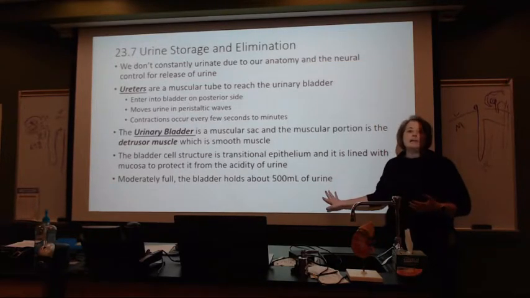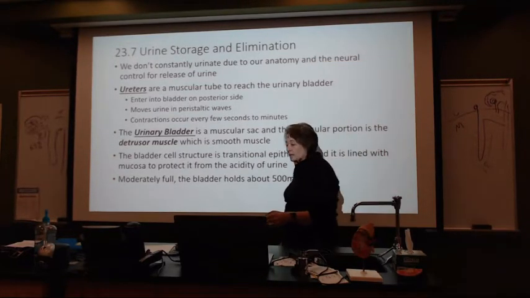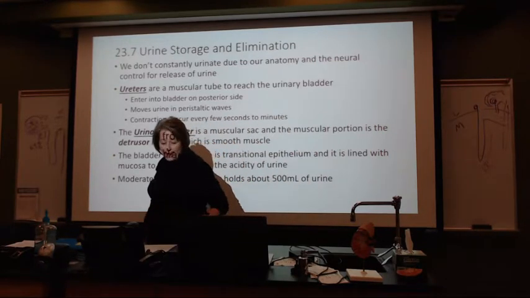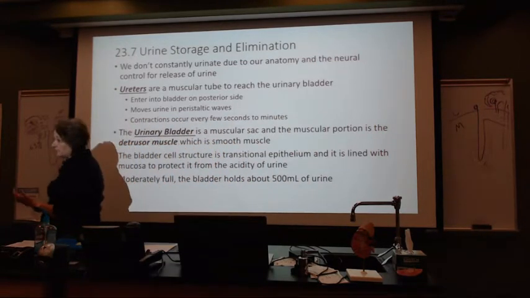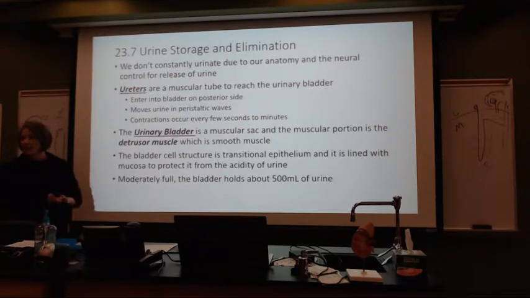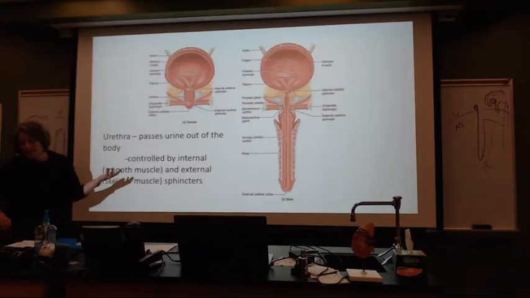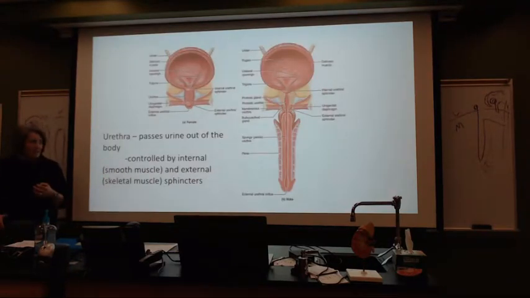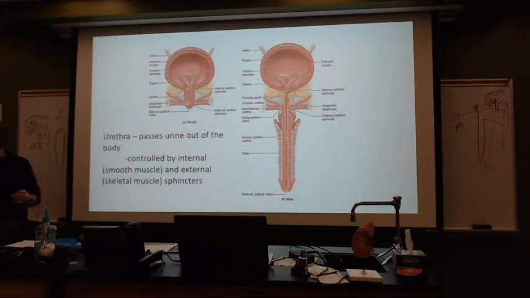Depending upon anatomy, the bladder can hold about 500 milliliters, some more, some less, before it actually gets the feeling or the need to eliminate. So like I said, it's going to be involving the nervous system for urination to occur.